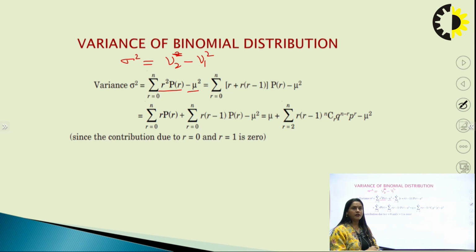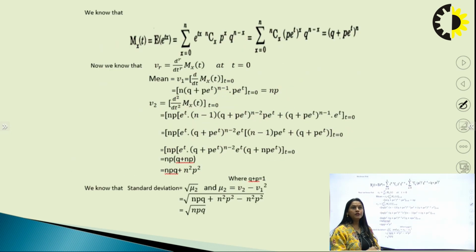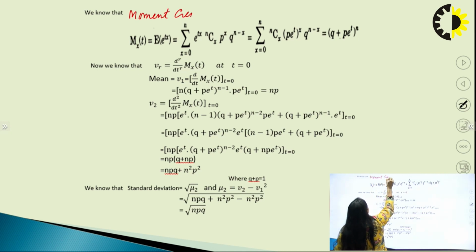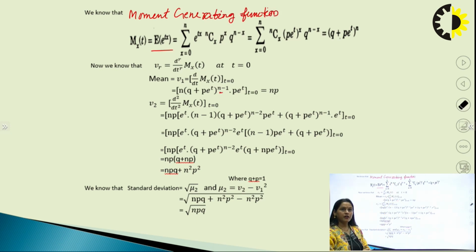So let's find out the mean and variance of the binomial distribution using the moment generating function. Now let's find the moment generating function of the binomial distribution. What is the formula?